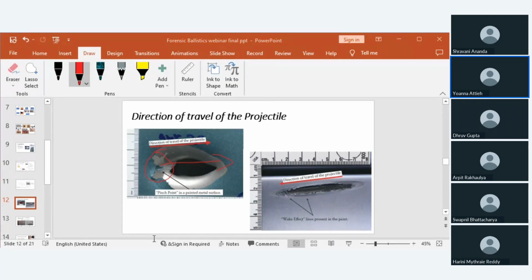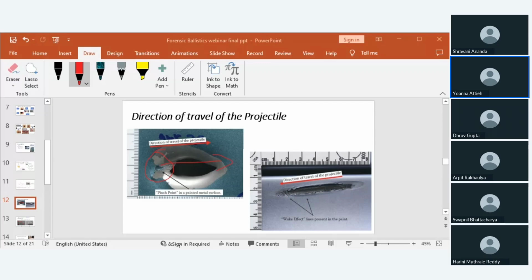Now, the wake effect is similar to the pinch point, but the wake effect here, guys, happens when the bullet interacts with metal surfaces, okay? The pinch point interacts with paint surfaces. However, the wake effect interacts with metal surfaces. It creates microfractures around the impact site, which arc in the opposite direction of the bullet's travel.